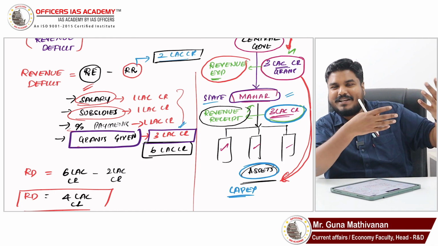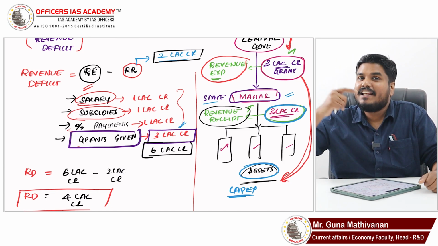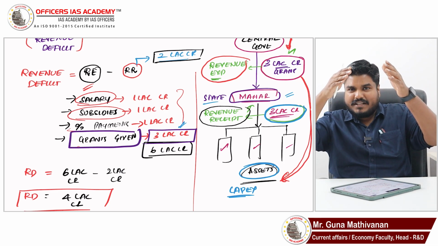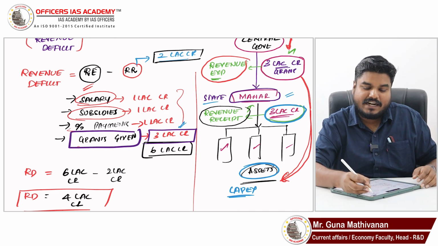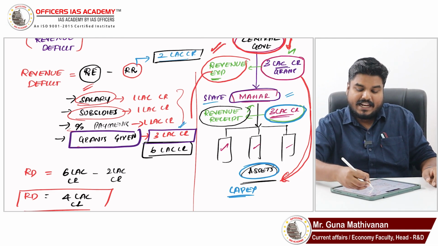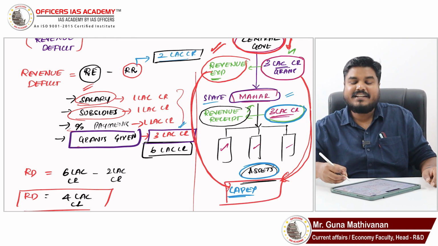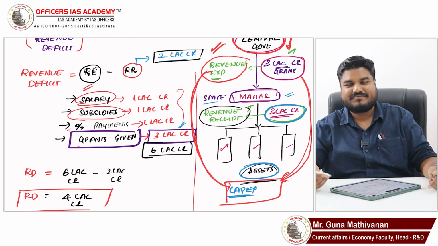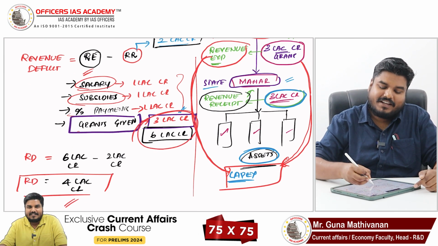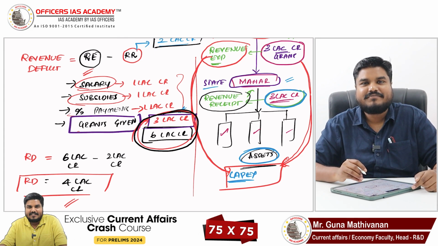That is not investment. That is unproductive expenditure. But if I buy a land, that is productive expenditure. Revenue expenditure is unproductive. But look at this. The central government, yes, they are doing revenue expenditure. But indirectly, that revenue expenditure is resulting in creation of assets. So this 3 lakh crore rupees is not waste.